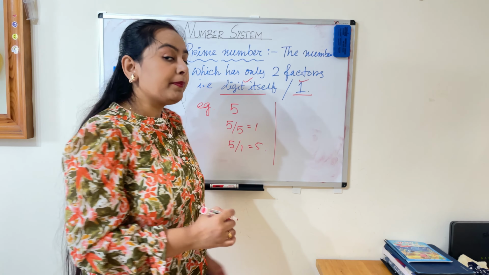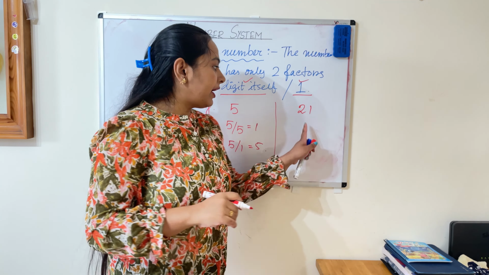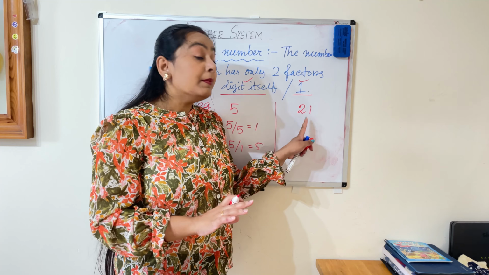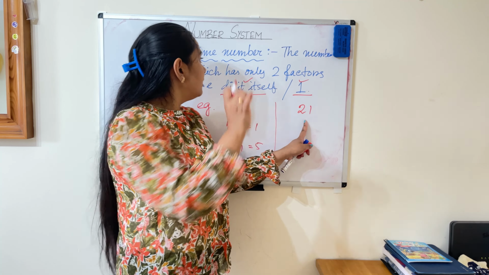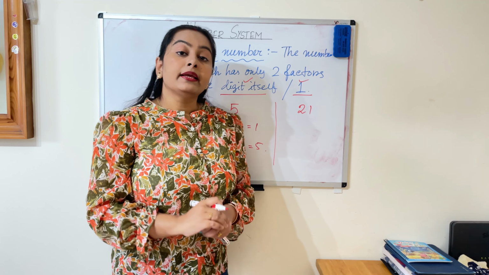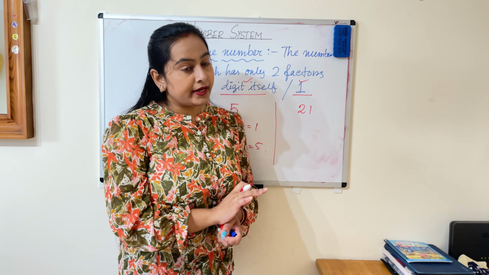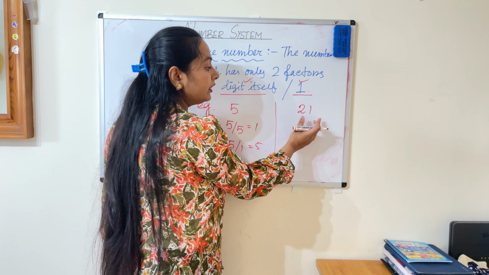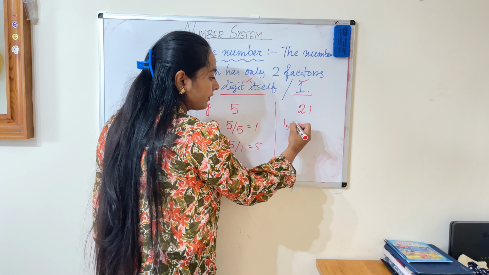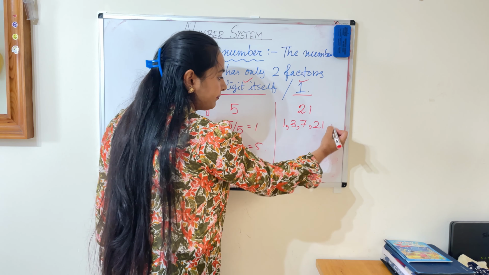Suppose, second example: 21. It is an odd number, right? 21 is an odd number, but 21 is not a prime number. Why? Because 21 can be divided by 3 and 7 both. If we try to find the factors of 21, what are they? 1, 3, 7 and 21, right?